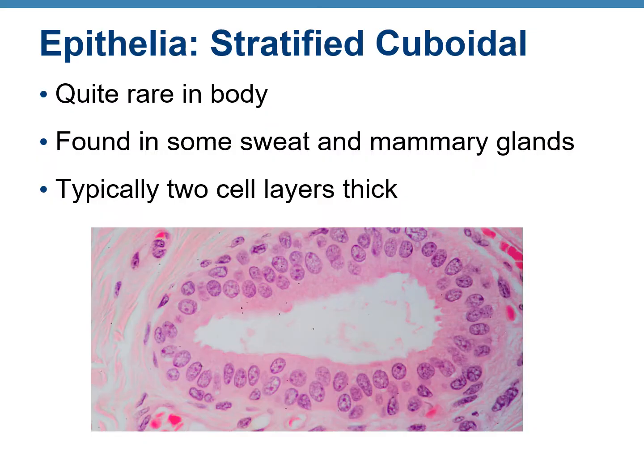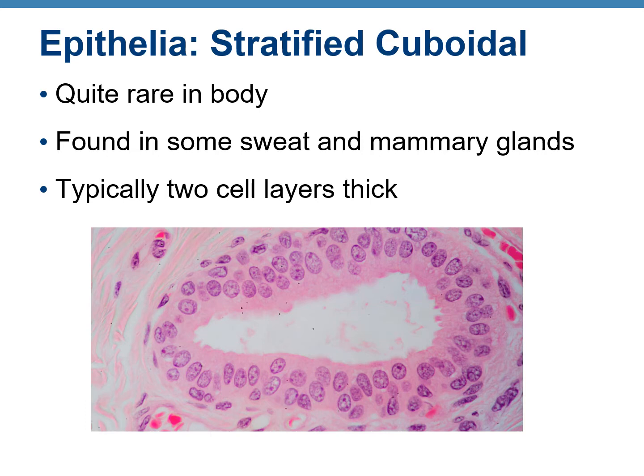The rest of the epithelium, except for stratified squamous, is pretty rare, like stratified cuboidal. It's quite rare in the body, found in some sweat and mammary glands, and typically it's only 2 layers thick, right?